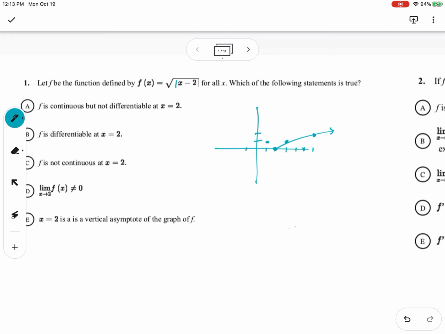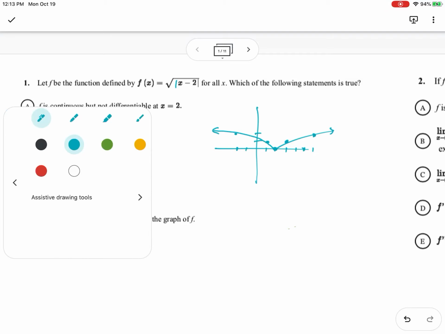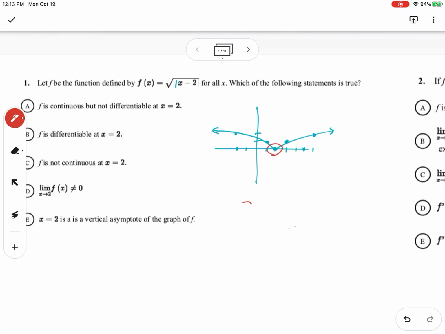And then on the other end, at negative 2, negative 2 minus 2 is negative 4. The absolute value of negative 4 is 4, and the square root of 4 is 2. So this is what we call a cusp.